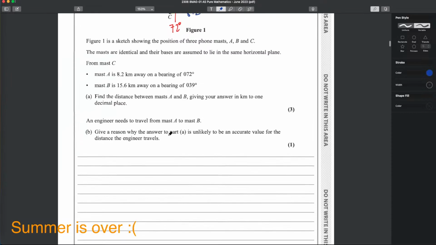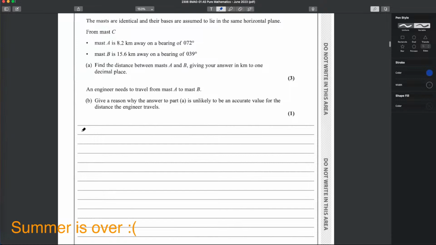So it looks like this question is just pretty much asking you to remember the cosine rule. Is that in the booklet? I always forget if that is in the booklet or not. No, it's something you just are expected to memorize. So, testing your memory of the cosine rule. So let's go ahead and write that down here.